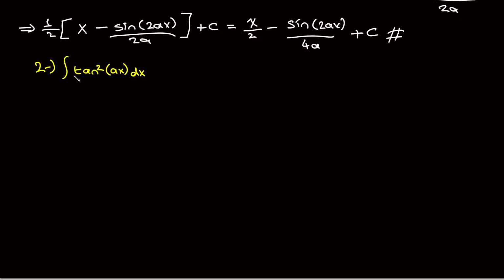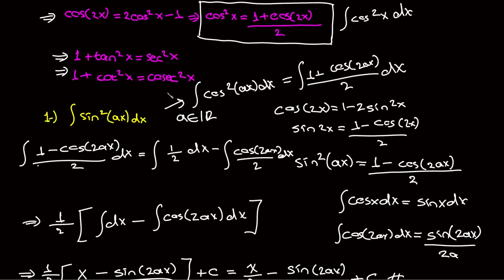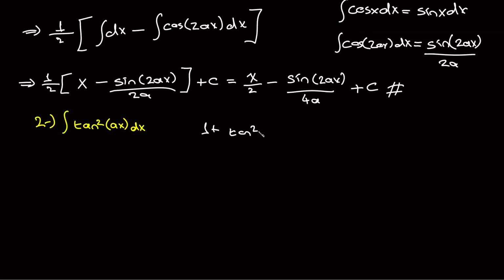All right. Now, the integral of tan squared of ax dx. This is where I need to use my other equation, which is 1 plus tan squared x is equal to secant squared x. But the issue is I have ax, therefore this will be 1 plus tan squared ax is equal to secant squared ax.